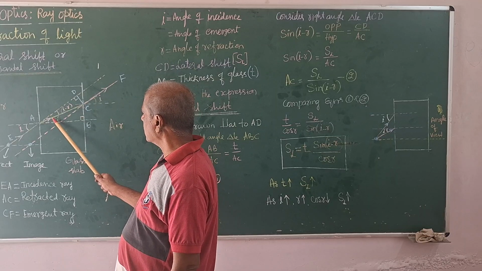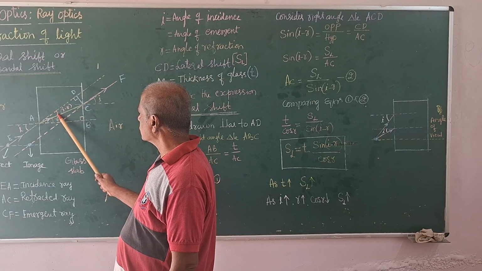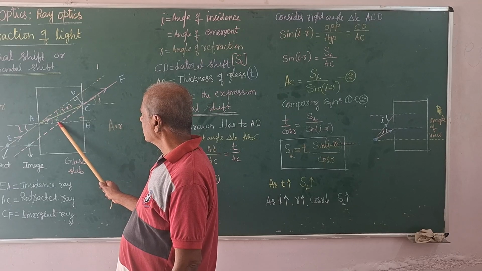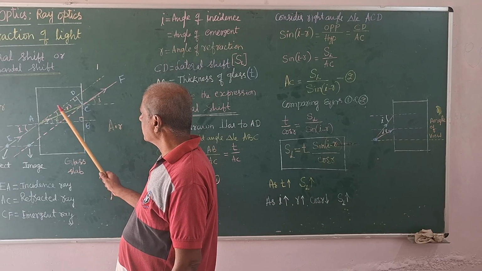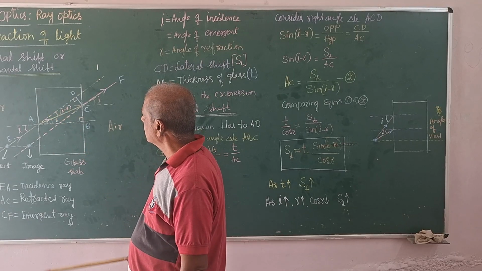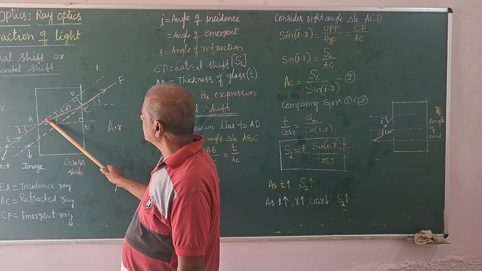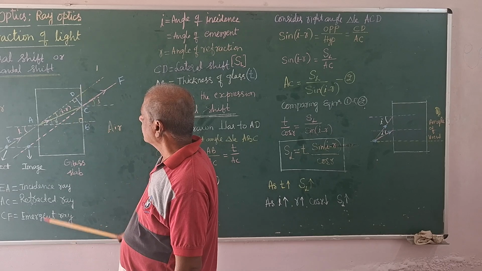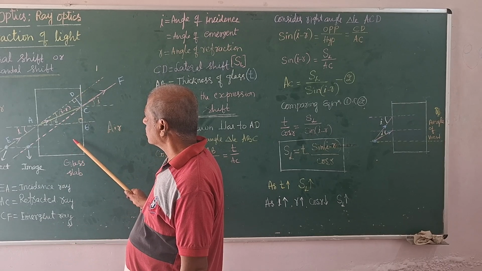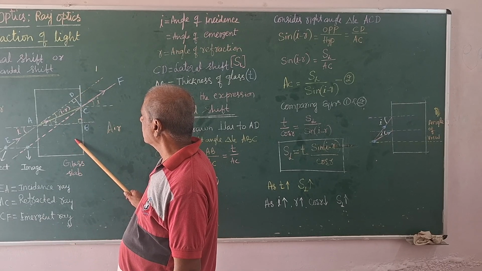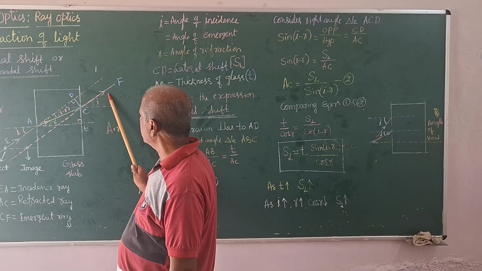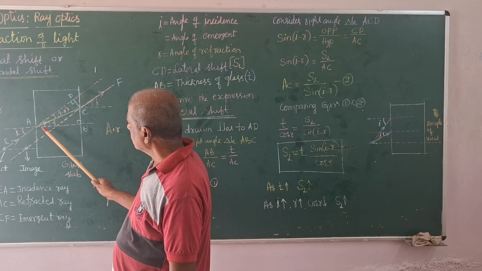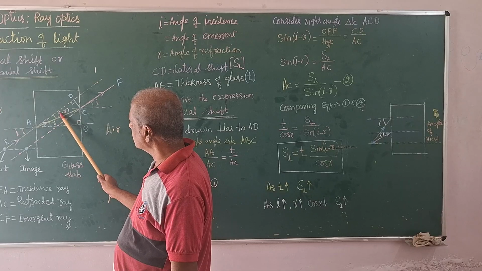This angle is called R. This angle is known as I minus R. The total angle is I, and minus R, this is I minus R, because this would be the straight line if there was no glass slab kept over here. It has become this line because of the glass slab. So the angle changes. I reduces to R. Remaining is I minus R.